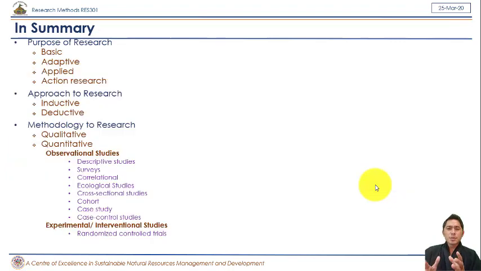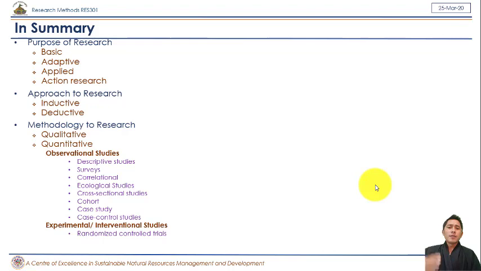So in summary, three kinds of research are based on purpose, approach, and methodology. And these are not very distinct and separated research types, but we can take these research types as complementary to each other.